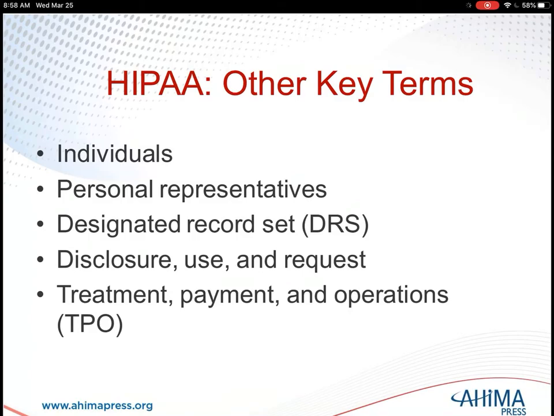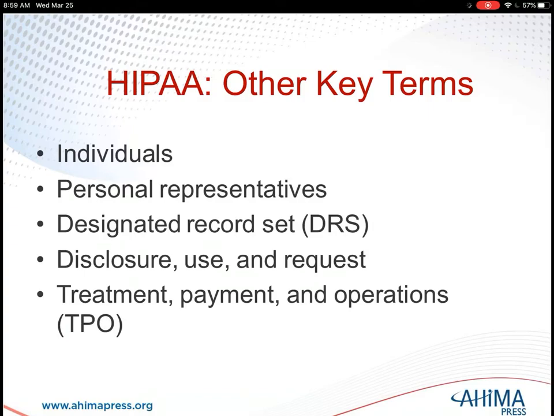The personal representative must be treated the same as the individual regarding the use and disclosure of the individual's PHI. So let's say we have a personal representative, a husband and a wife. If that personal representative goes in and asks for a copy of the individual's medical records, then that should be released because, again, they're looked at as the same.